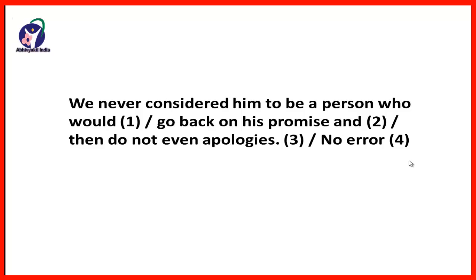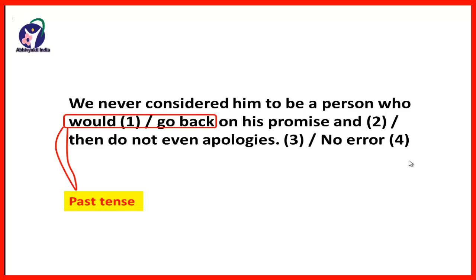Next sentence is: we never considered him to be a person who would go back on his promise and then do not even apologize. We never considered him to be a person who would go back, it is a past tense, on his promise and then do not even apologize.